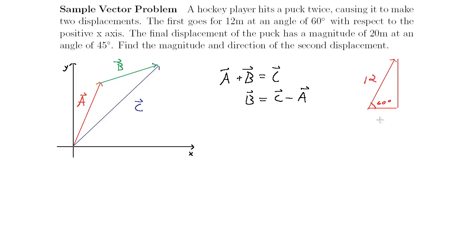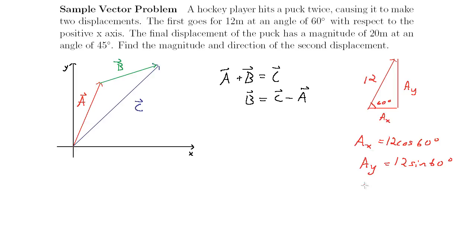So if this is A sub x and this is A sub y, then we have that Ax is equal to 12 times the cosine of 60 degrees, and Ay is equal to 12 sine of 60 degrees.